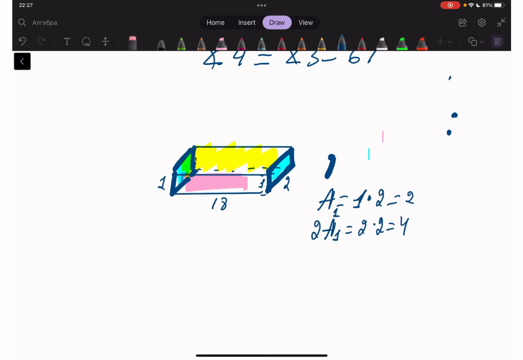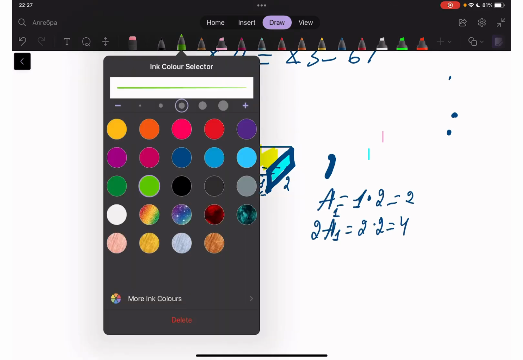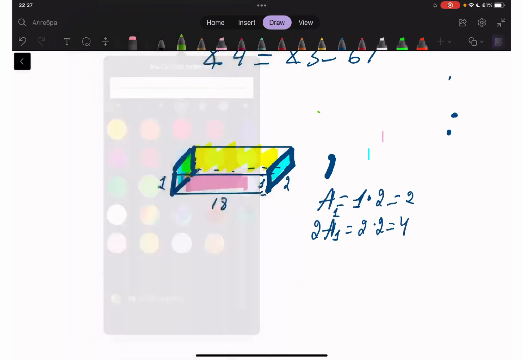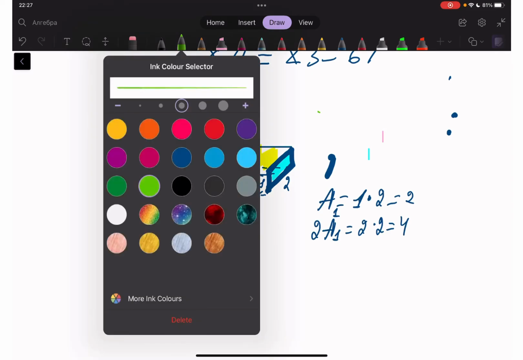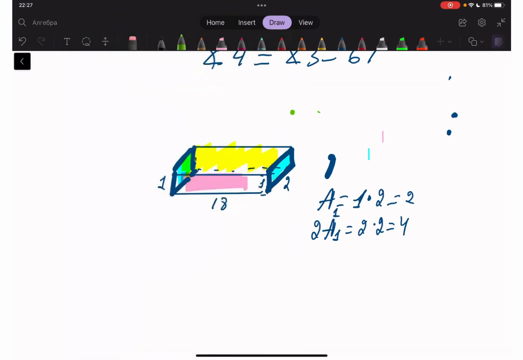Next, let's find this one. Let me make it thick. Okay. These two areas, this side, and 1 in the back, so 1 and 18.